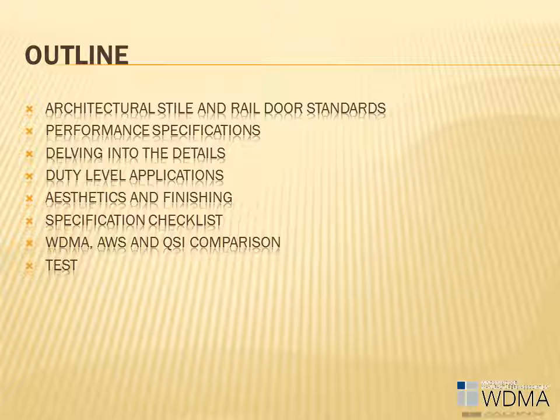Following that is a description of some of the aesthetic and finishing guidelines in the standard, plus a specification checklist. The presentation ends with a discussion of the WDMA, AWS, and QSI standards and a comparison amongst them. Following the presentation, you will be given information on how to take the test in order to receive your AIA or DHI credit.